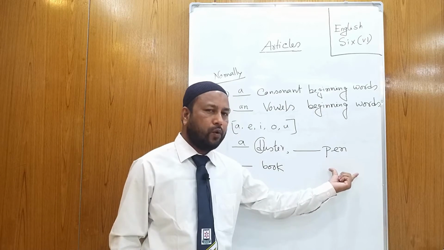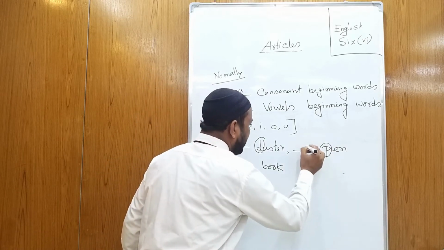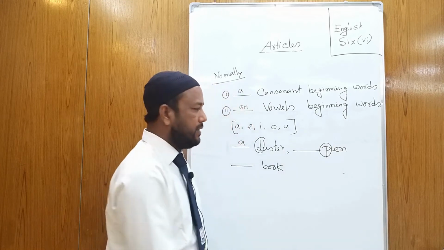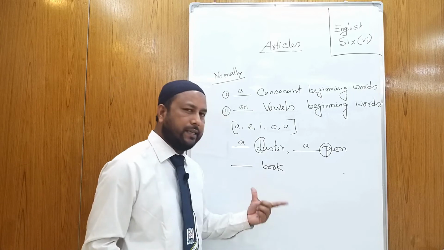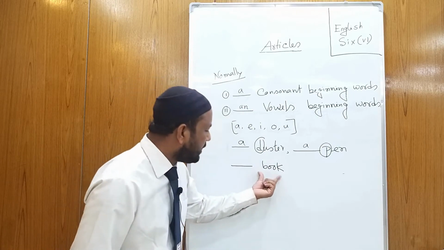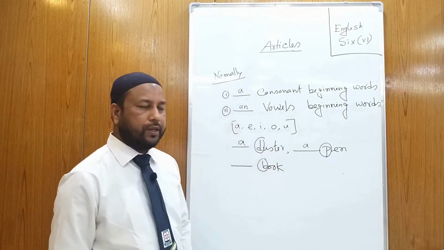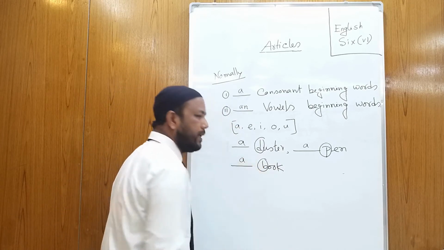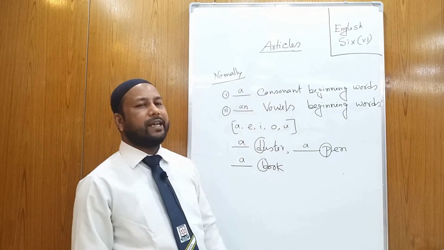Similarly, here is a word, pen. The first letter of pen is a consonant. That's why we use a. The third one, here is another example. The first letter of this word is B, that is a consonant, and we use a. I think it is clear to you, consonant beginning words.